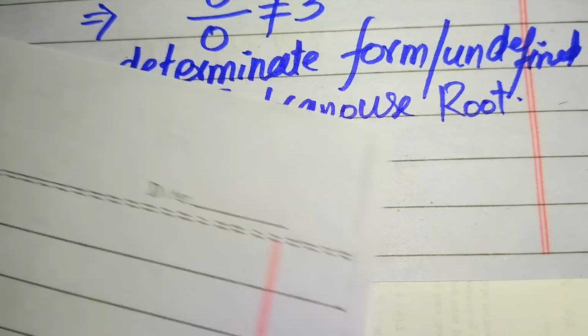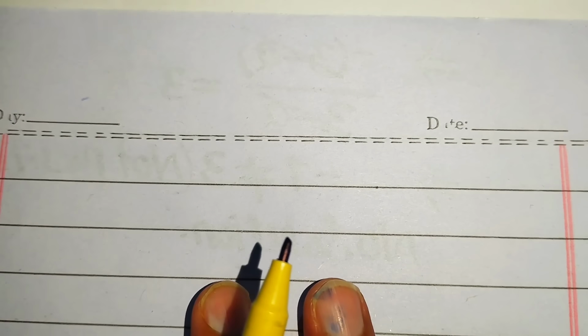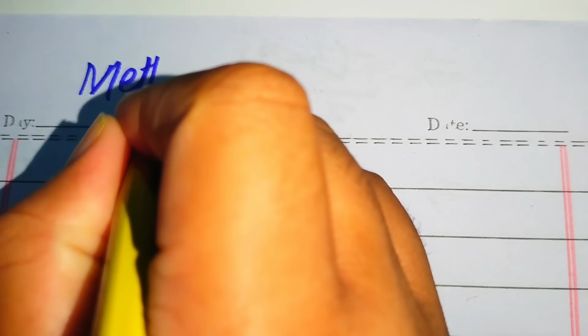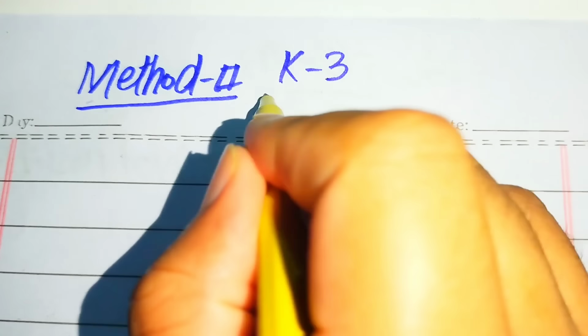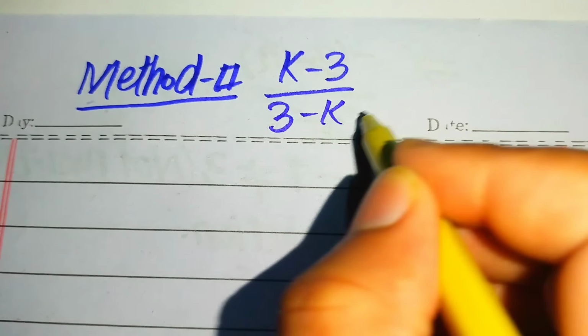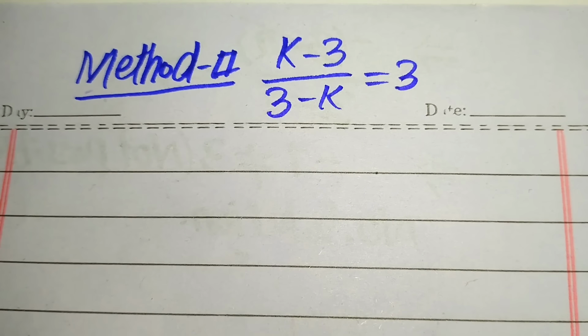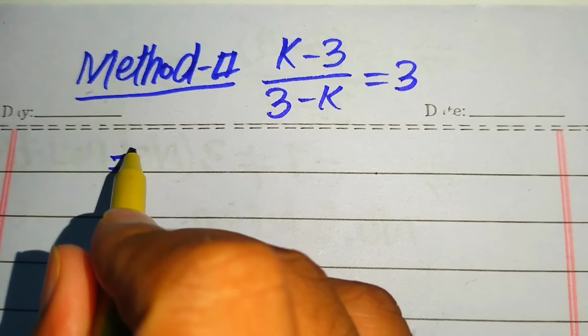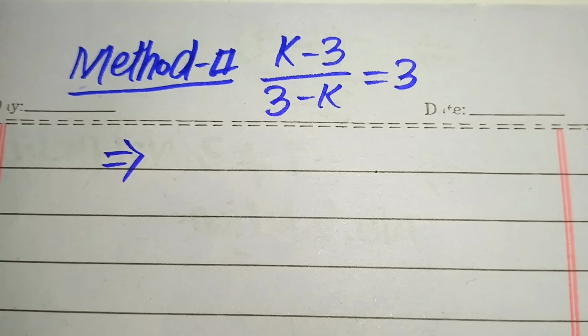Now we again solve this problem by the second method. We first copy down the given question statement: (k − 3) divided by (3 − k) equals 3. Our second method is a very straightforward, quick method, where we quickly determine the solution of this problem.